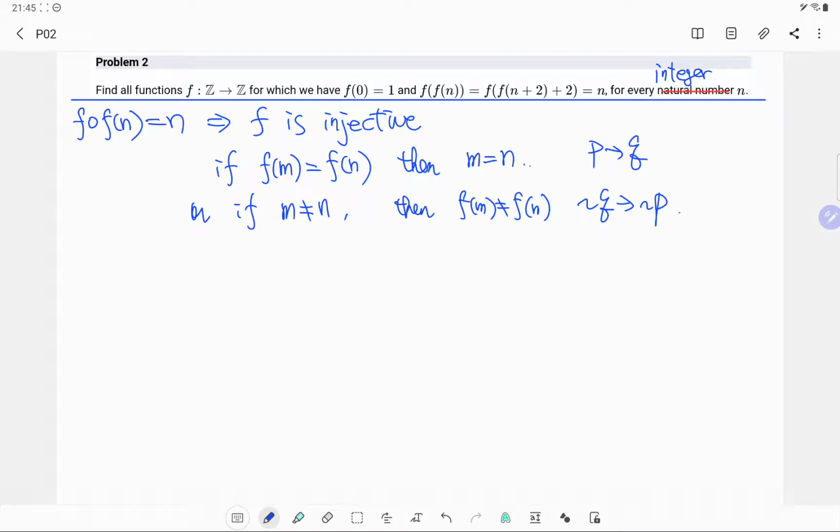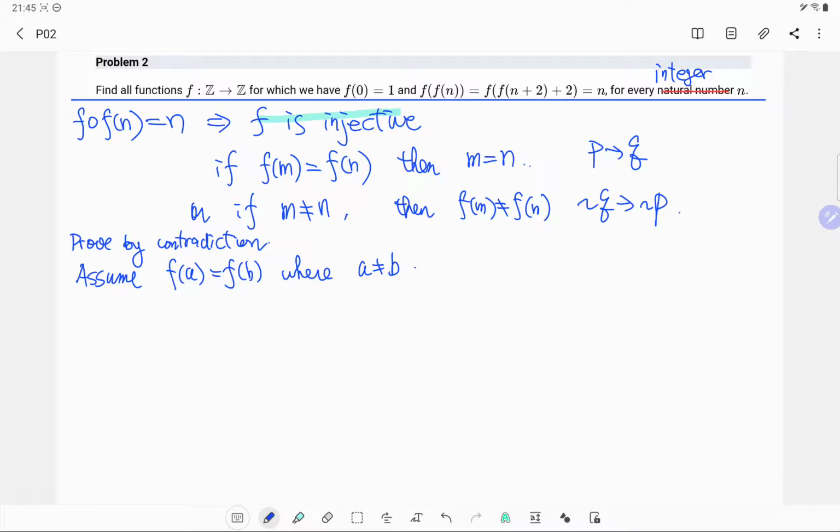So we can prove this by contradiction. We can assume f(a) is equal to f(b), where a is not equal to b.